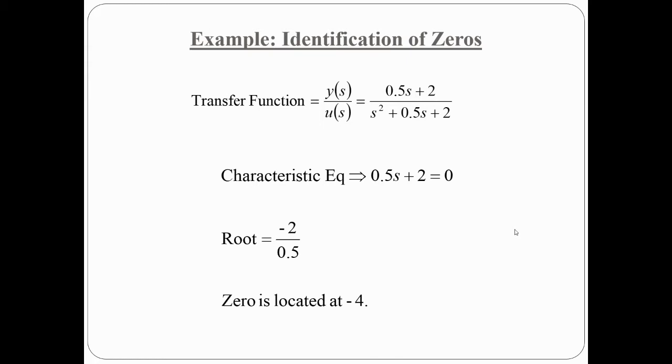And then we find the transfer function, and then we equate the numerator and denominator of the transfer function to 0 for the identification of the zeros and poles respectively.